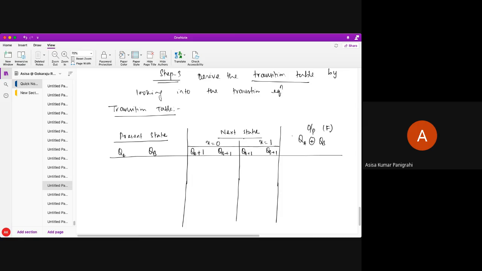For input x equal to 1, I have a certain next state. Since there are 2 flip-flops, how many states am I expecting? 2 squared, 4 states. Those states are 0 0, 0 1, 1 0, and 1 1. Are you all understanding?